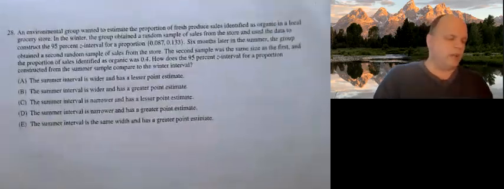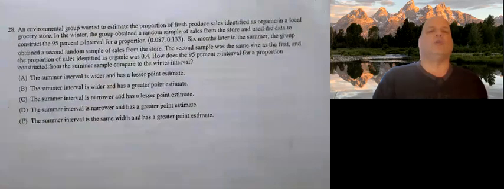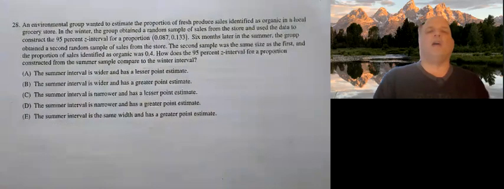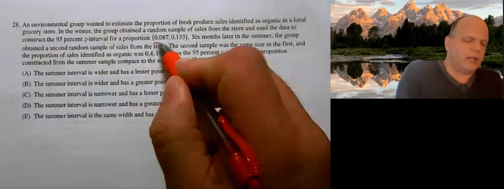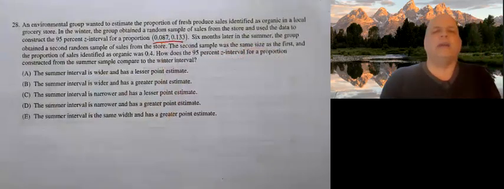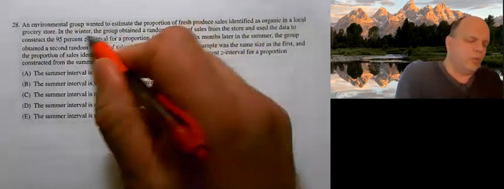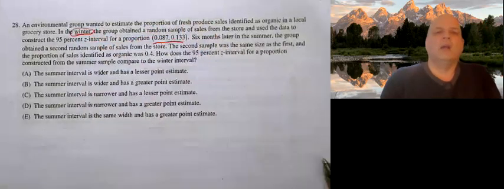Moving on to 28. An environmental group wanted to estimate the proportion of fresh produce sales identified as organic in a local grocery store. Construct a 95% Z interval, and they came up with this as their Z interval. All right, so here's our low, there's our high. And this is for winter. Six months later in the summer, the group obtained a second random sample of sales from the store.